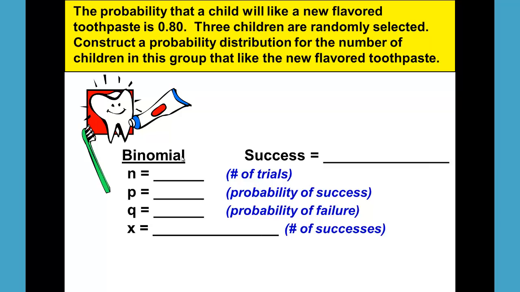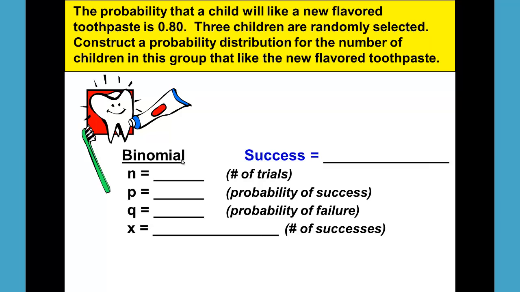It will make the problem so much easier and help you with your organization and thought processes. For your binomial, you have N for your number of trials, P for your probability of success, Q the probability of failure, X the number of successes, and you also want to define what your success is.